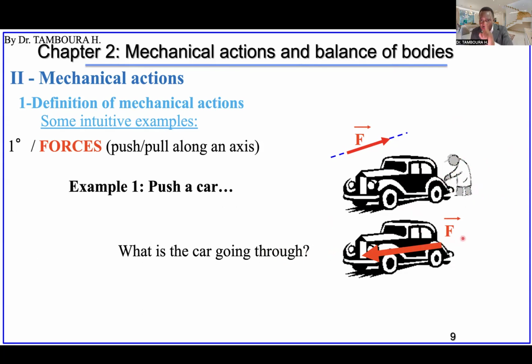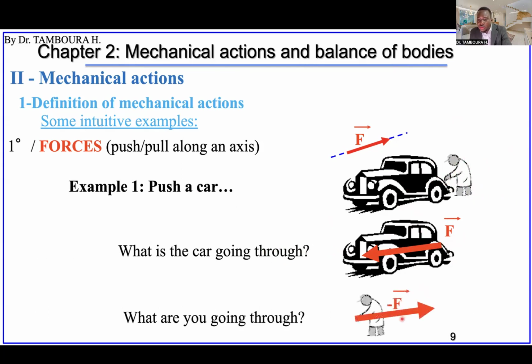Okay, and at the same time, what you feel yourself is the same intensity of force, but in the opposite direction. You see, this one is minus F, this one is F, which is the reaction of the car on you. You will feel in your arms that it's like you are pushing yourself.